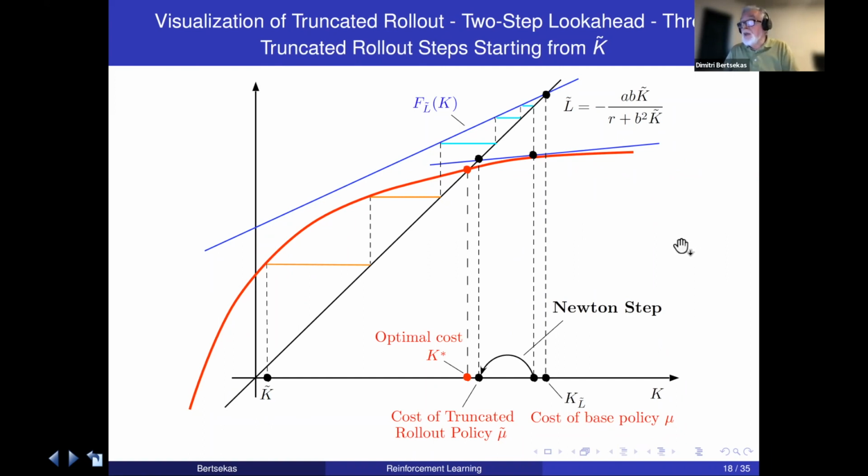And as I will argue later, this figure applies not only to linear quadratic problems in one dimension, but also to linear quadratic problems in multiple dimensions, and to far more general dynamic programming problems over an infinite horizon, with discrete state space, continuous state space, everything. It's a very universal intuition within this context.